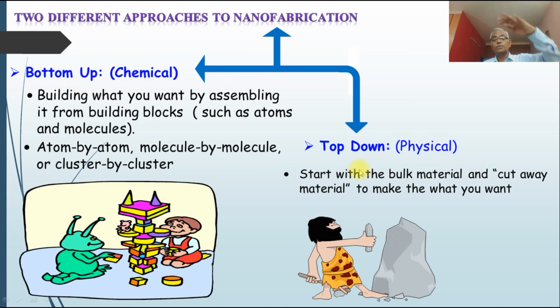From big size to small size is top down, and from small atoms we can develop a required nanomaterial, building what you want by assembling it from building blocks such as atoms and molecules. So atom by atom, molecule by molecule, or sometimes cluster by cluster. A cluster is a group of molecules or atoms that come together to form a nanomaterial.